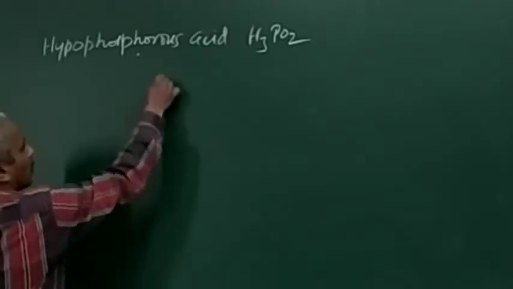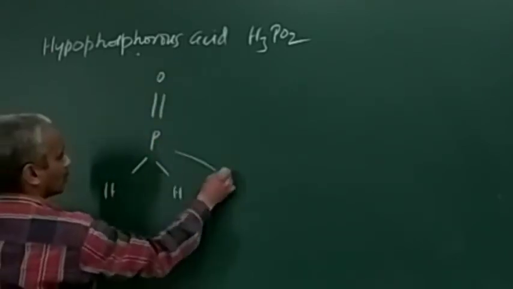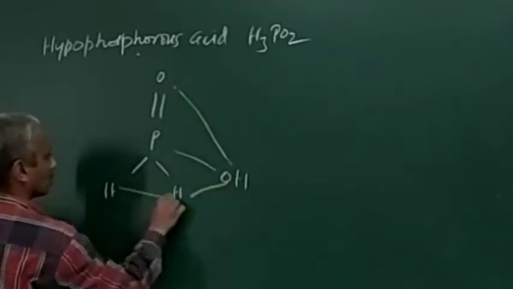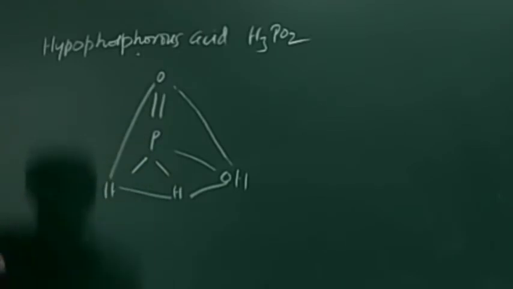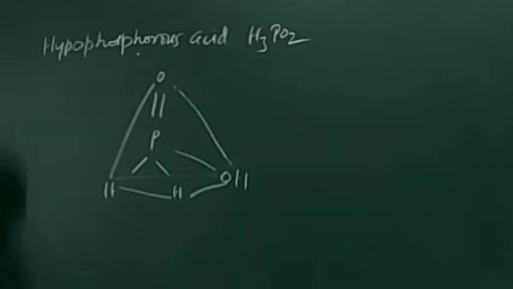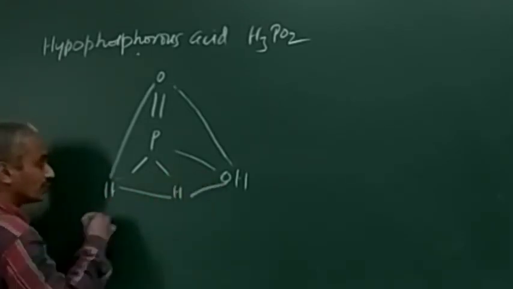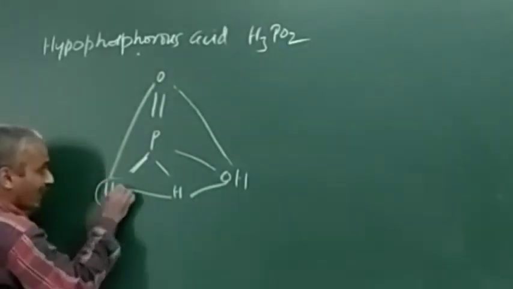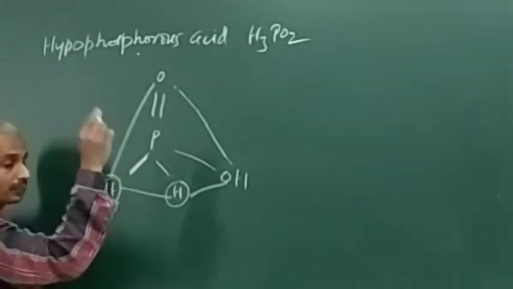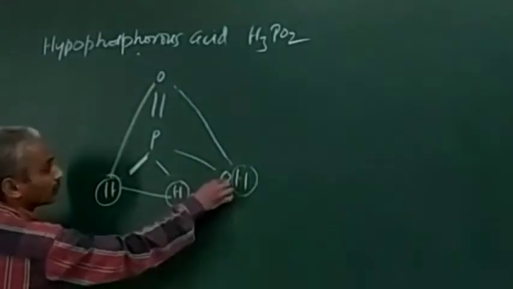P double bond O, H, H, OH. See, this is tetrahedral in nature only. So just see, this hydrogen and this hydrogen are directly bonded to the phosphorus, which cannot be replaced. This hydrogen is bonded to the phosphorus through oxygen.